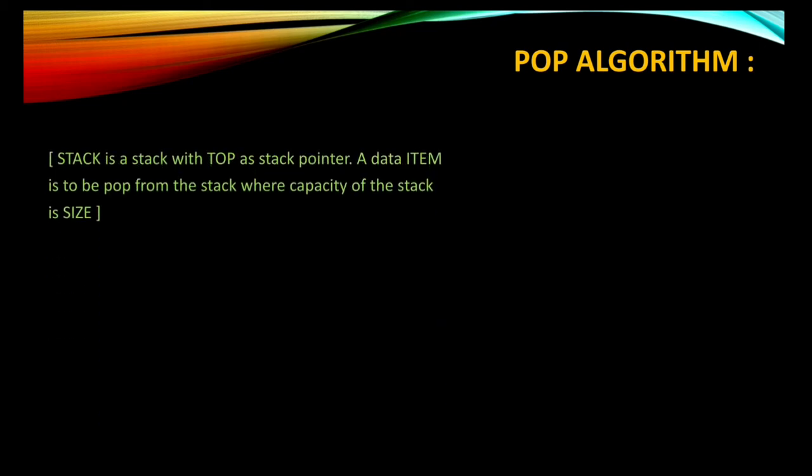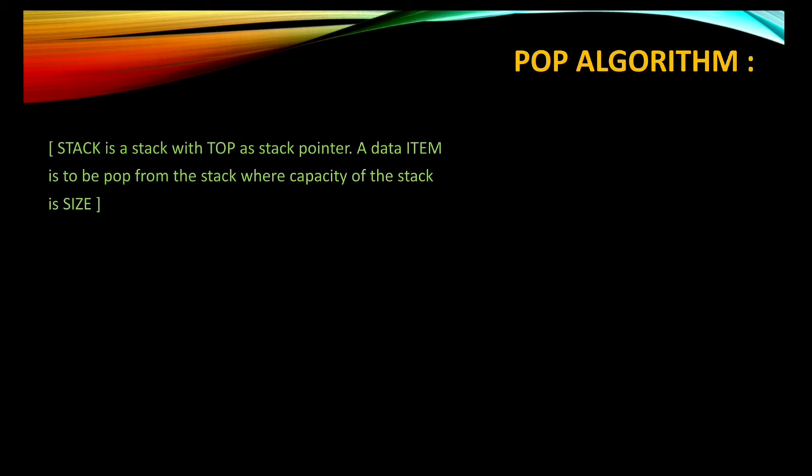Now moving further with the pop algorithm. How are we going to write the algorithm? Stack, the same thing I had written, but here something is different, that is, here we are doing the pop operation, meaning we are deleting some element.